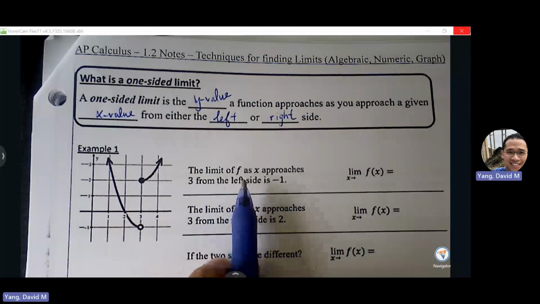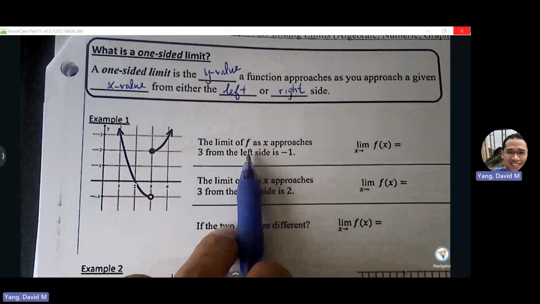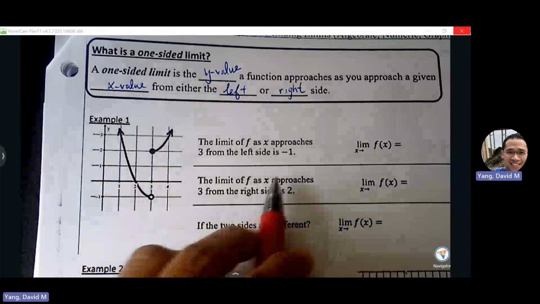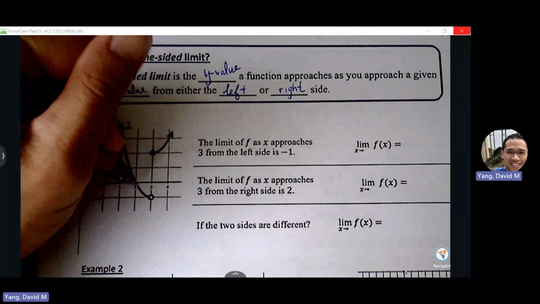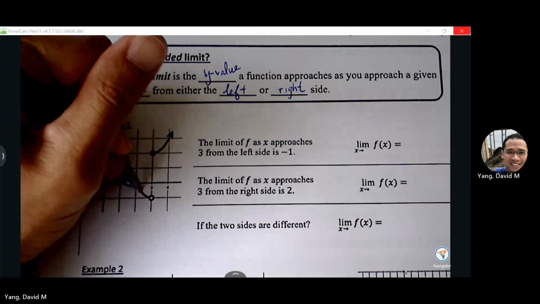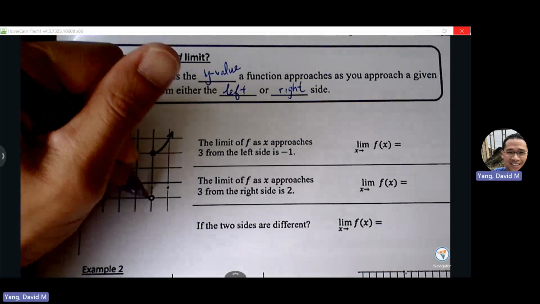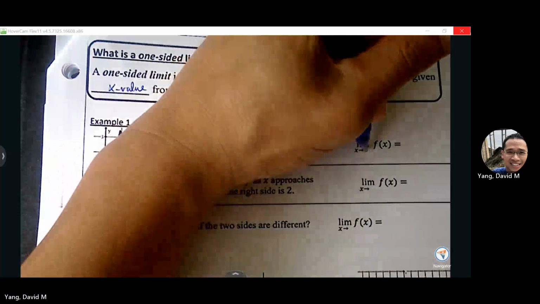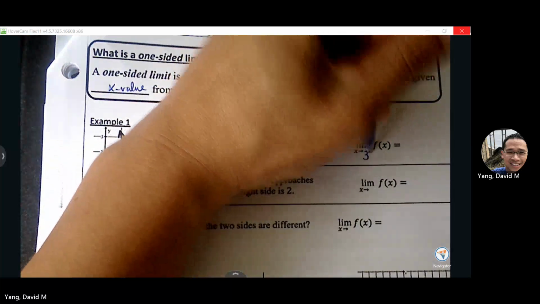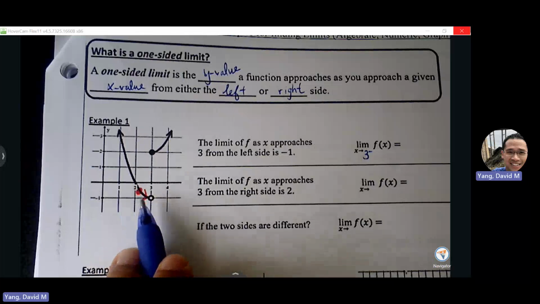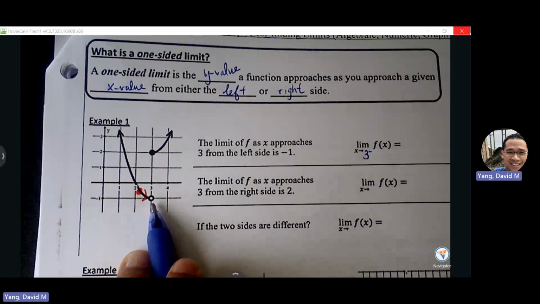So in this example, the limit of f as x approaches 3 from the left side of 3 is... if I pick a point to the left of 3 and draw an arrow towards my destination, and I look at the behavior of just that arrow, it is headed towards a y value of what? -1.